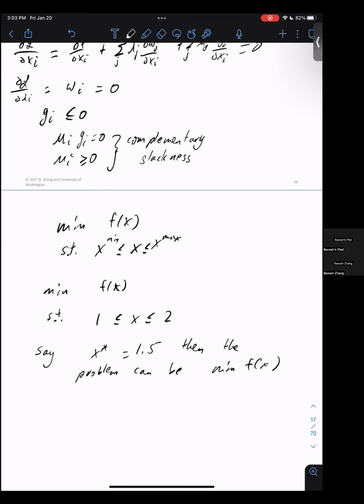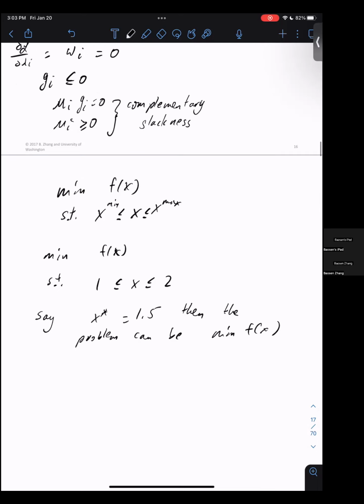Now, how do you tell these two are the same? You do this through Lagrangian multipliers. So in this case, we can write the Lagrangian as f of x plus mu 1 times (x minus 2) plus mu 2 times (1 minus x). This is your upper bound, and this is your lower bound.